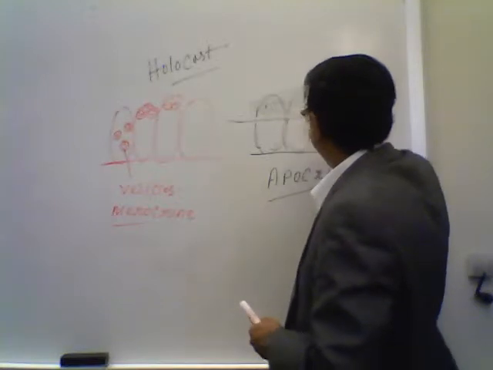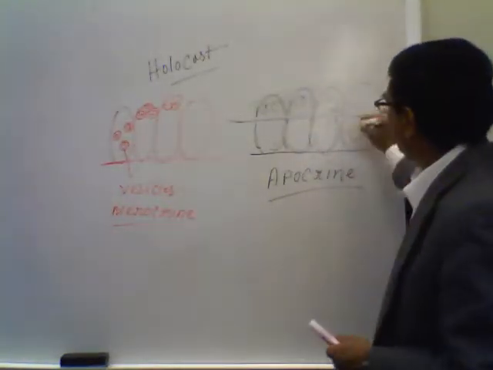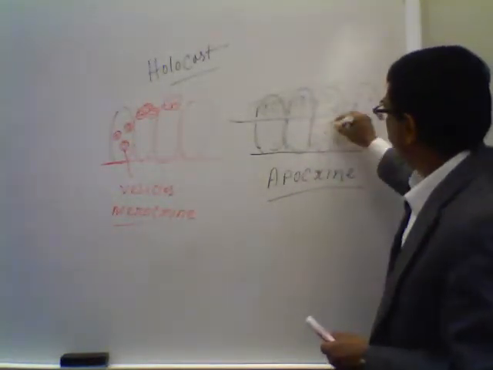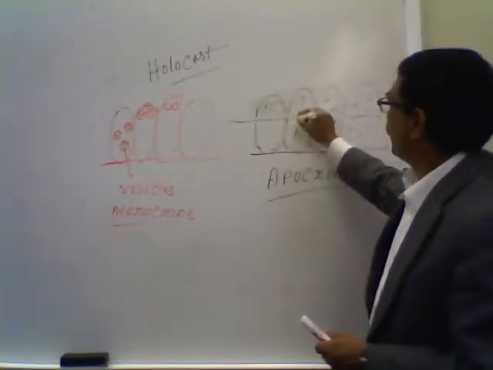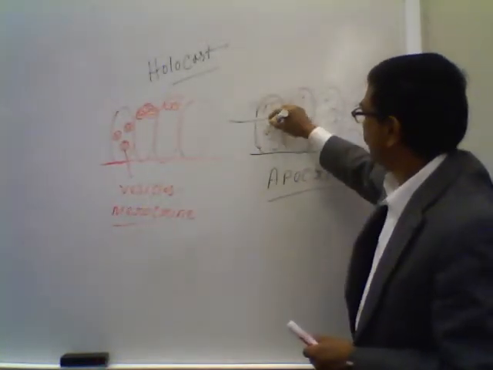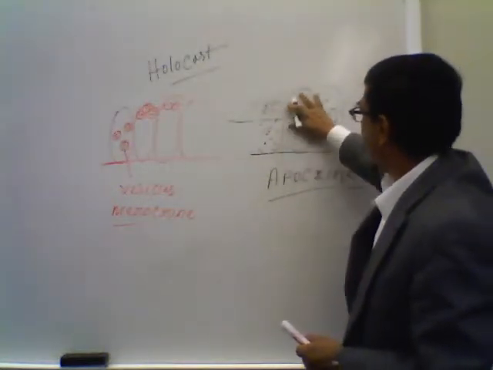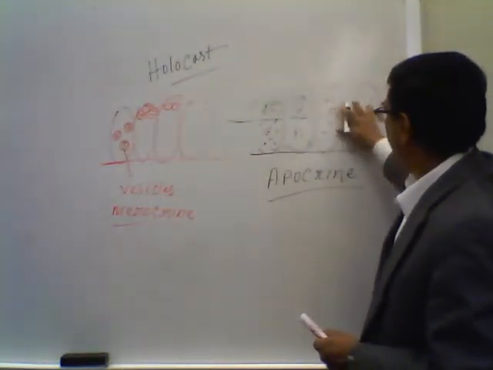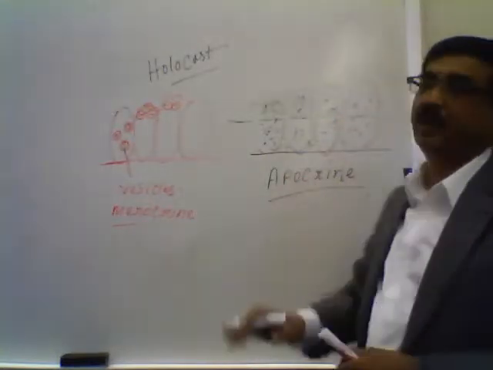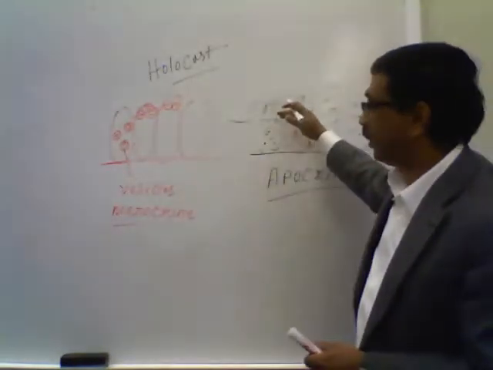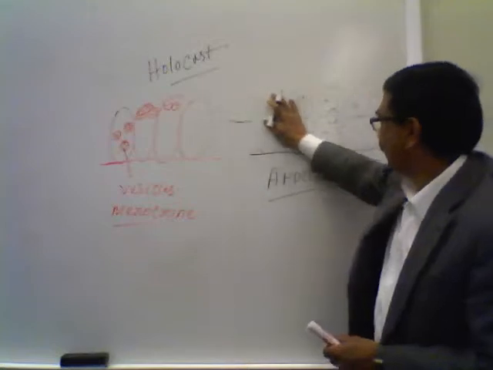These are the cells, okay, and the cells have chemicals everywhere. And when the secretion occurs, the cells are completely destroyed. All the cells are destroyed completely. So the chemicals will get out. Now all the cells are gone, right?